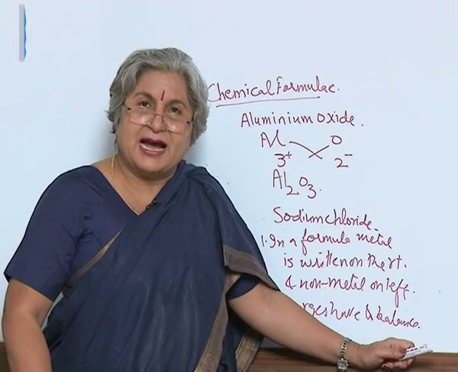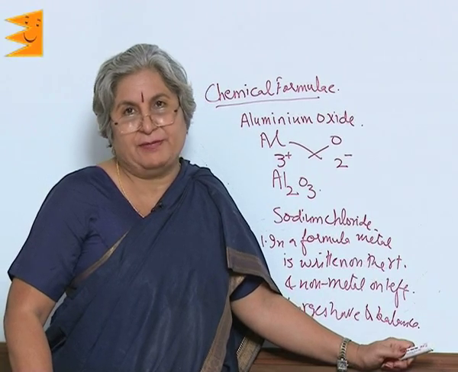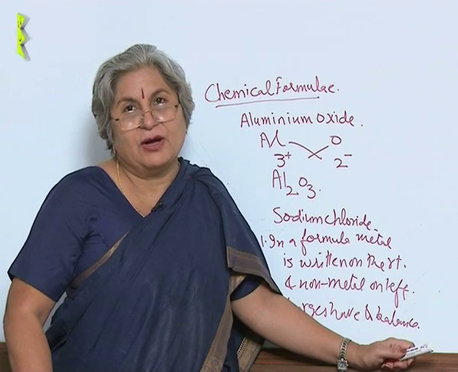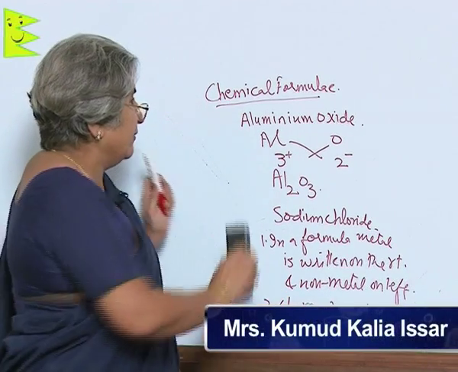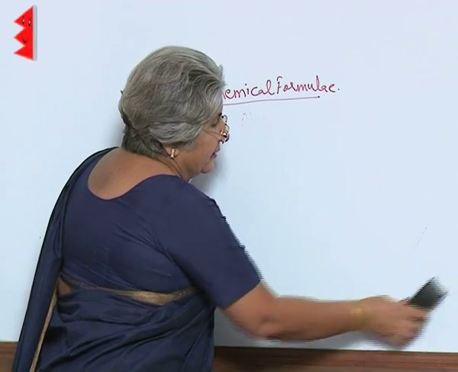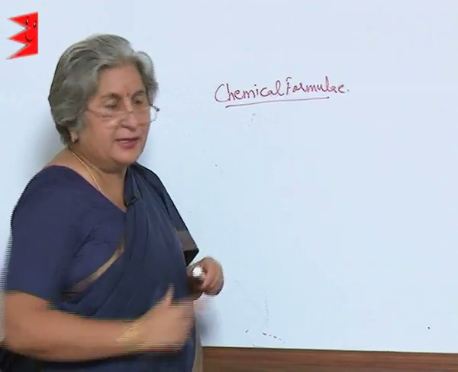Sometimes ions have more than one type of atom, they are called polyatomic, as in case of carbonate, nitrate, hydroxide.